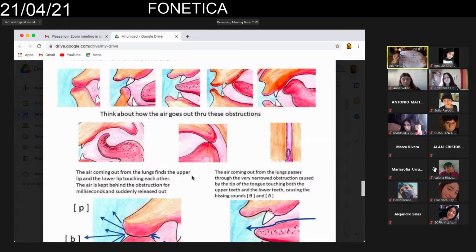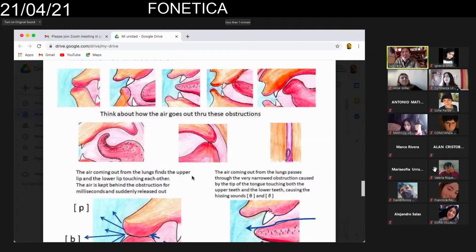Y esta otra es el sonido we. Ese sonido lo tenemos en Mapudungun, nosotros, aquí en Chile. Y nosotros lo usamos en nuestro español diario, hueón, aguaita, guatón, la guagua.